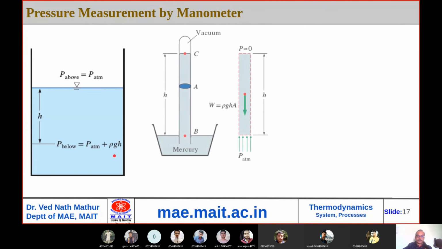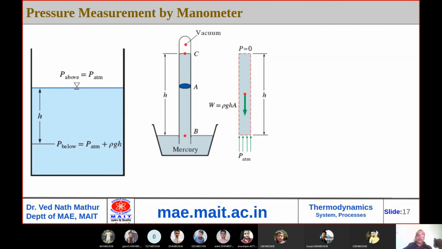Now this instrument which measures the pressure of the atmosphere works on the same principle. There is an inverted tube with vacuum in it, and this is kept over mercury. So when atmospheric pressure acts here, the column of mercury rises in this inverted tube.